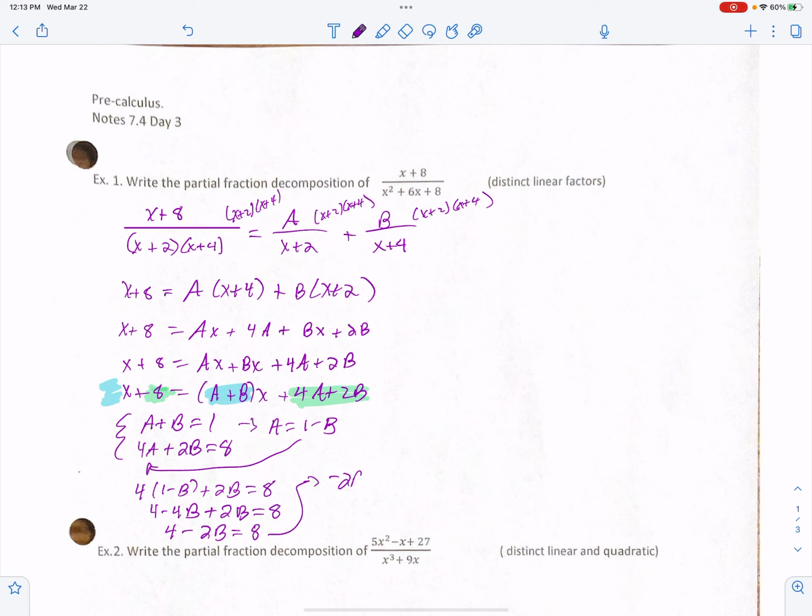Negative 2B equals 4, and B is negative 2. And then A is 1 minus B, so 1 minus negative 2 is 3.